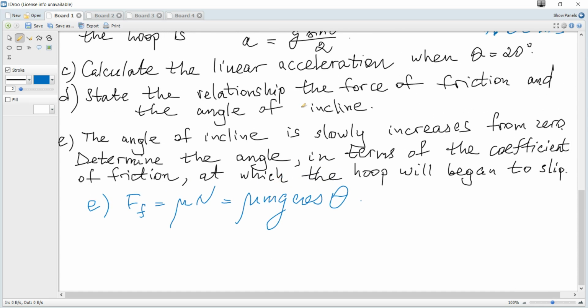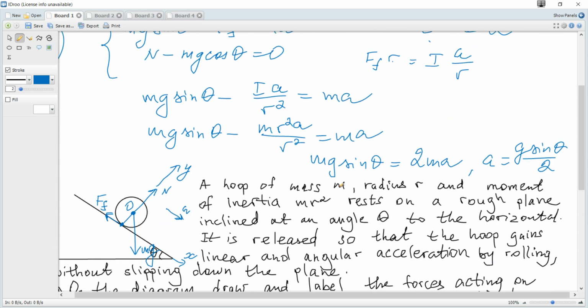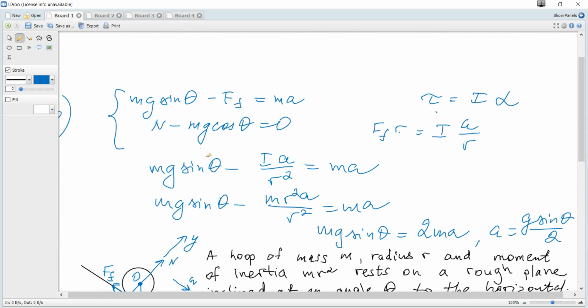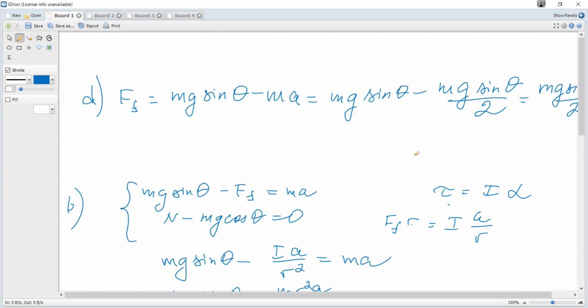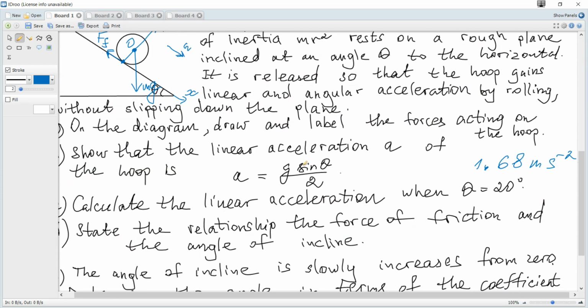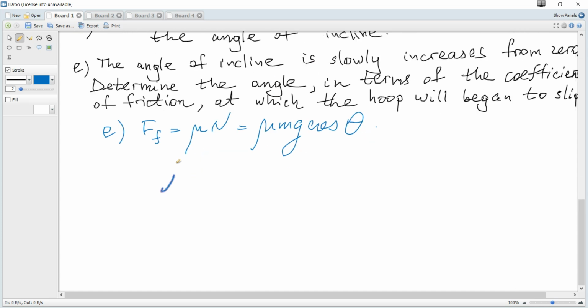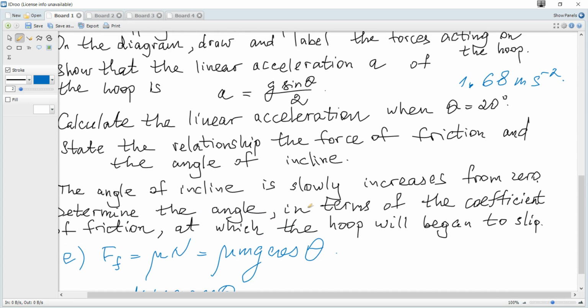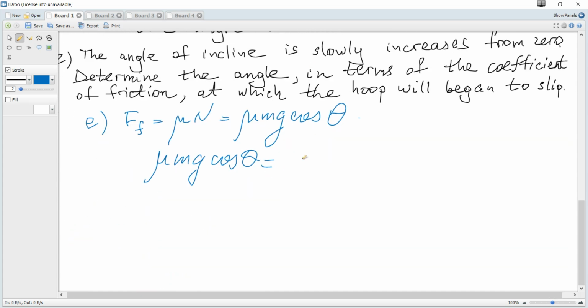On the other hand, the frictional force is mg sine of theta over 2. So mu mg cosine theta is equal to mg sine theta over 2.